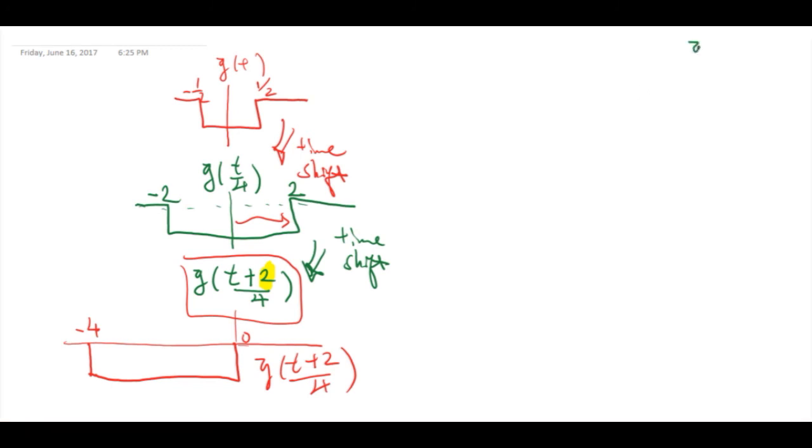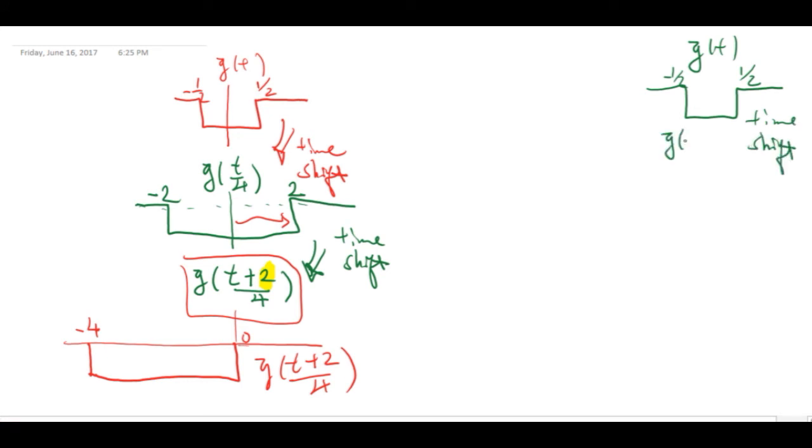Then we're going to do a time shift to become g(t plus 2).